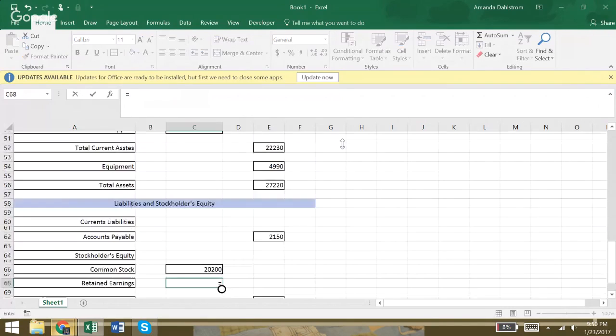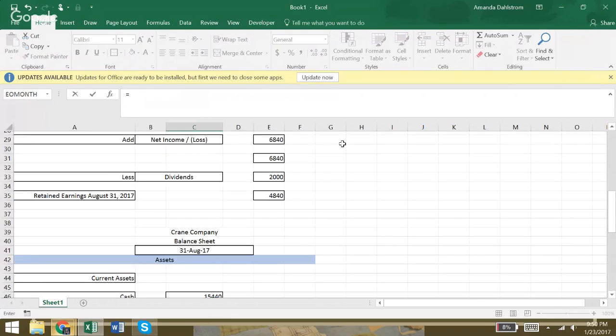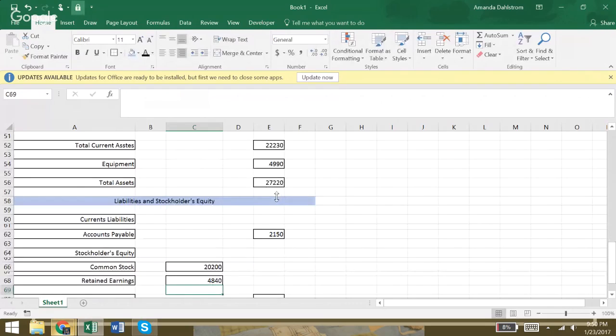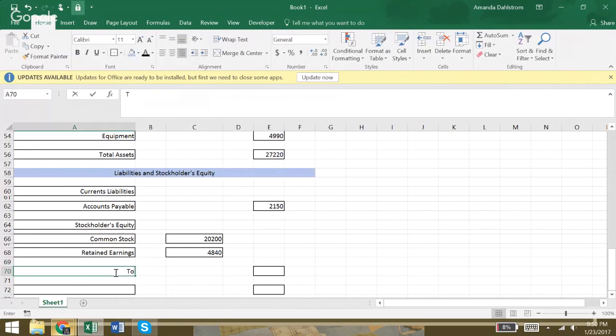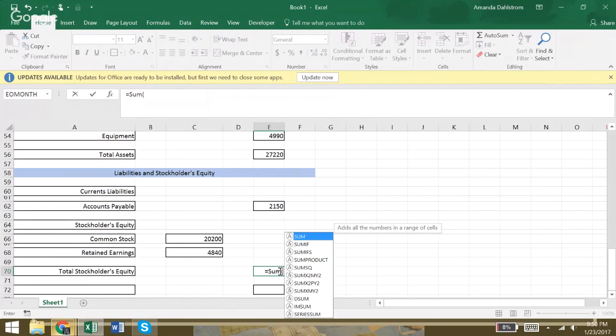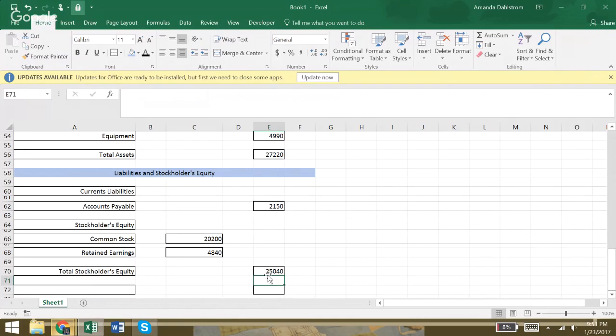It's equal to what we calculated up here at 4,840. So we'll go ahead and total stockholders' equity, which will equal the sum of our common stock and retained earnings, which is 25,040.